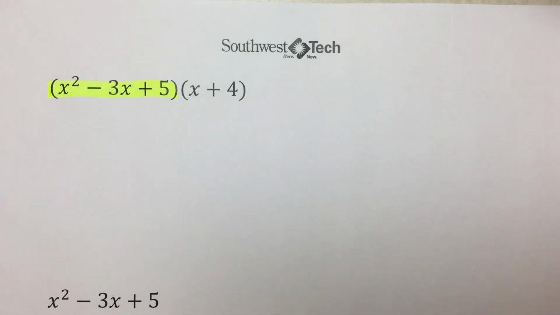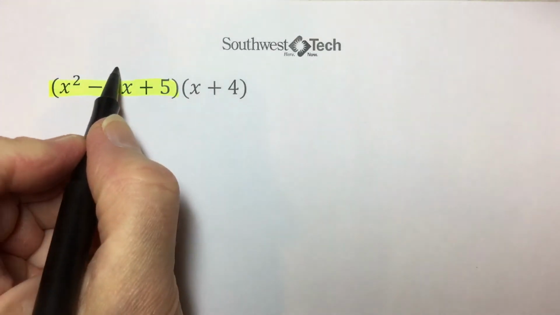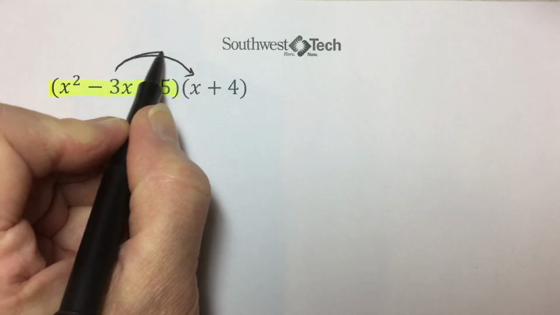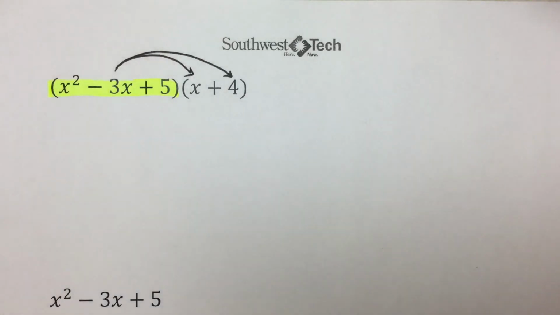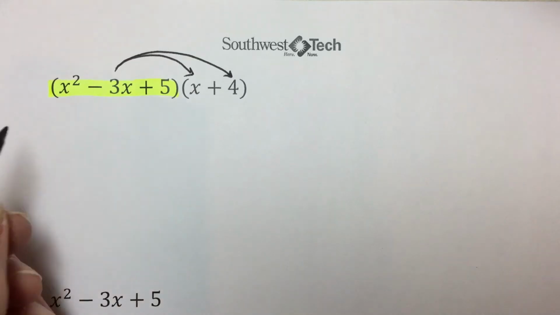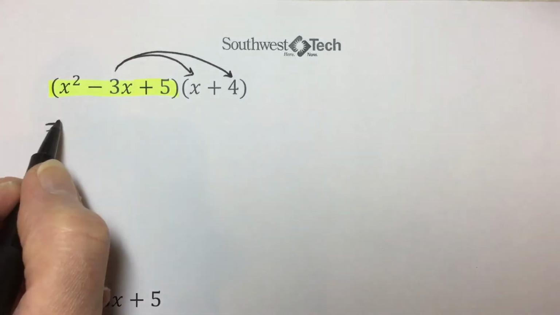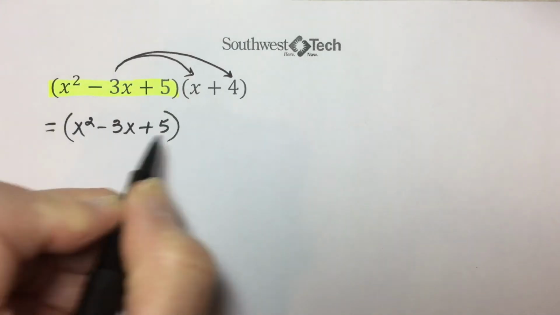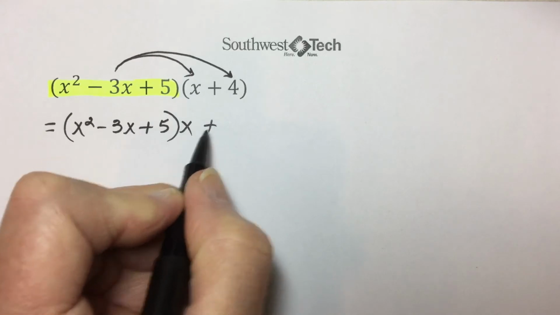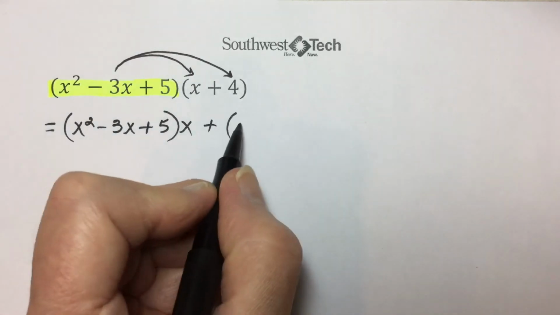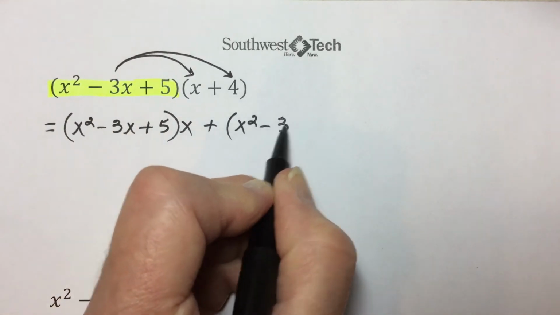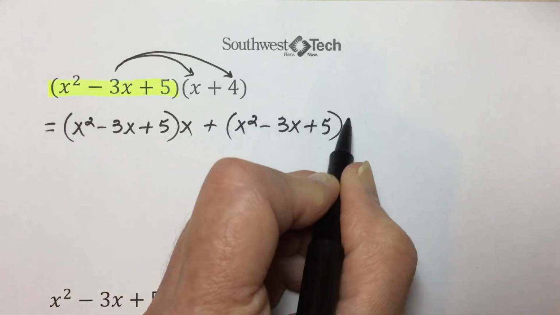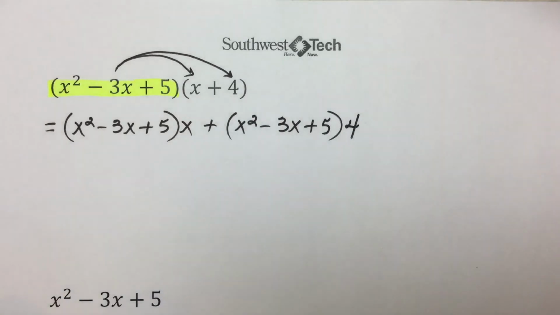I've highlighted this trinomial, and I'm going to distribute that multiplication over the polynomial, in this case the binomial that it's being multiplied by, which results in, using the distributive property, the trinomial x squared minus 3x plus 5 times the first term plus the trinomial x squared minus 3x plus 5 times the second term.